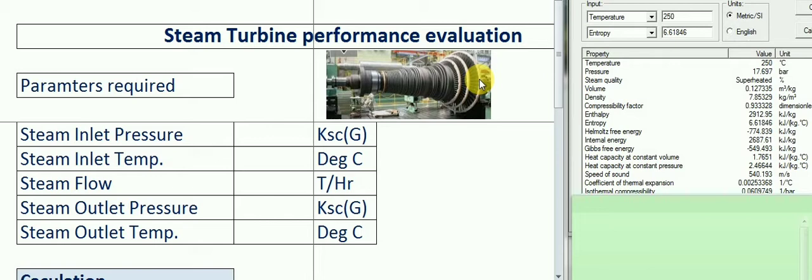Steam energy is more costly in the industry. The operational cost will go up if there are losses in the steam and the efficiency of the turbine reduces. This will help a lot in deciding whether we need to go for turbine cleanings, internal cleanings or internal inspections, or check for any leakages of steam, and where the energy is getting dissipated basically.